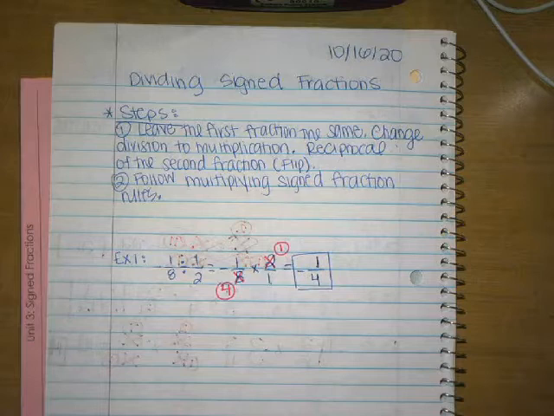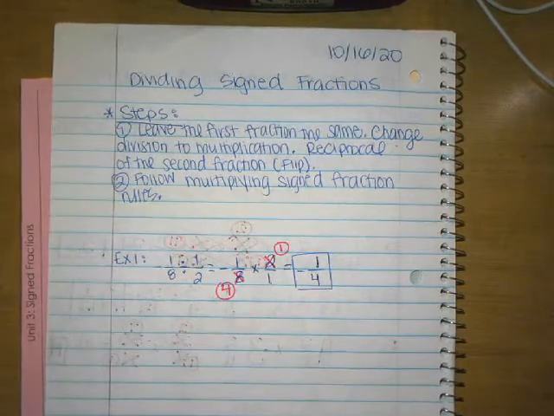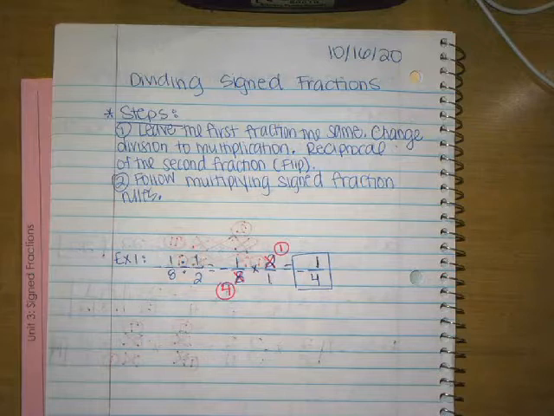Meaning I want my answer, it's like what times what will give me an 8. So if I cut a 1/8 in half, you're cutting that 8 in half, and half of 8 is 4. So that's why it's 1/4, because you're cutting the 8 in half.